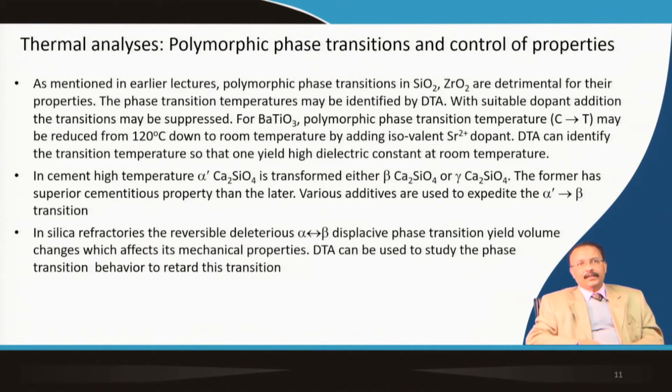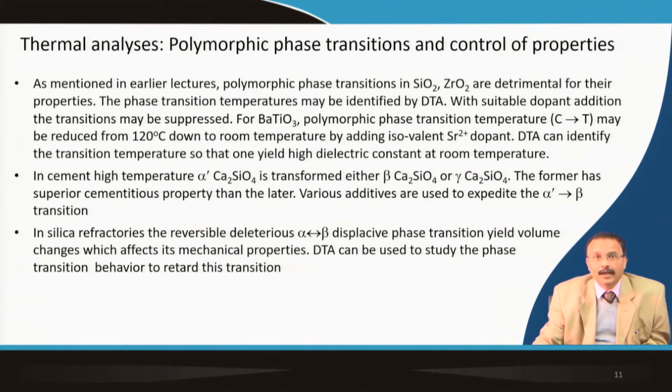Another place where this can be used is the formation of cement. In cement, usually the alpha calcium silicate, Ca2SiO4, can be transformed to either a beta phase, beta calcium silicate, or gamma calcium silicate. The beta phase has better cementitious property as compared to the gamma phase.